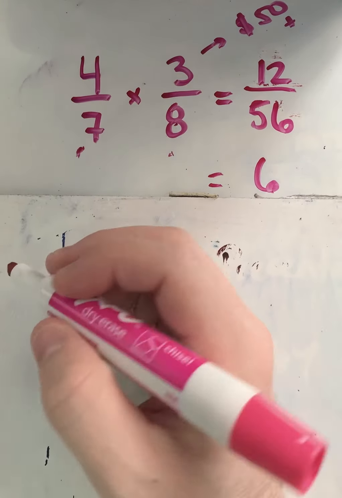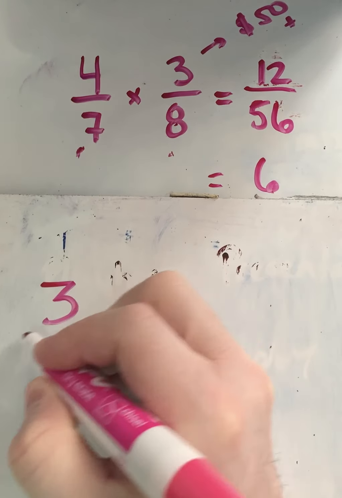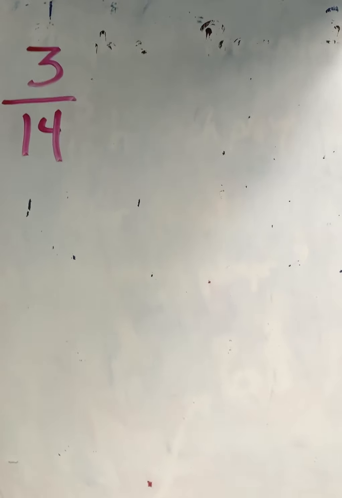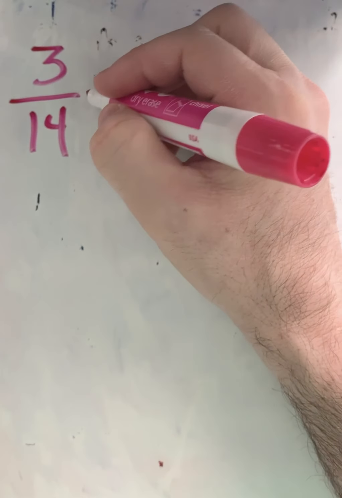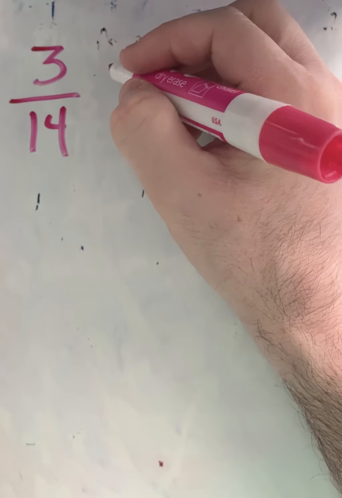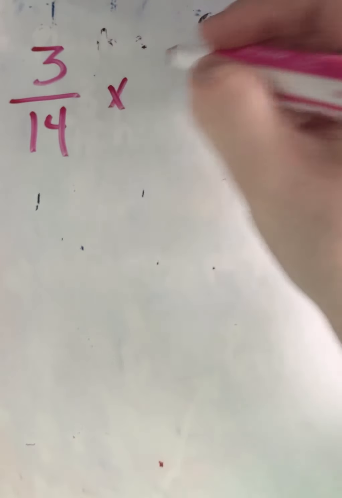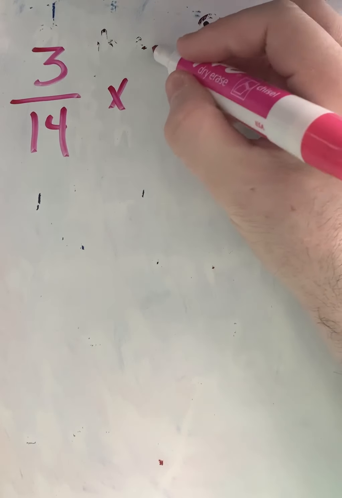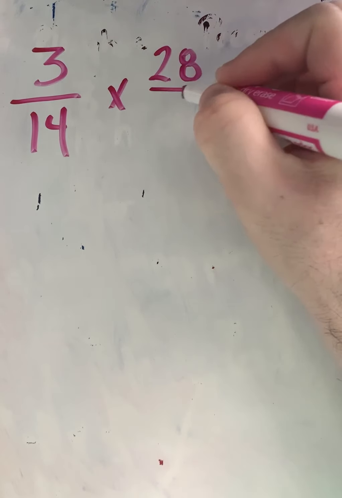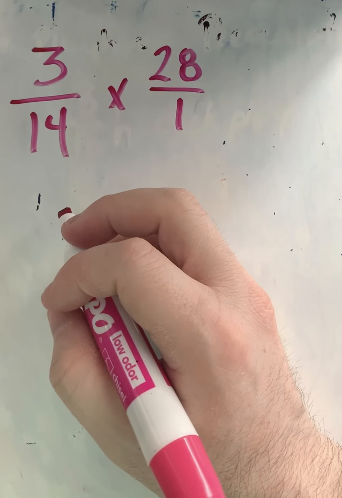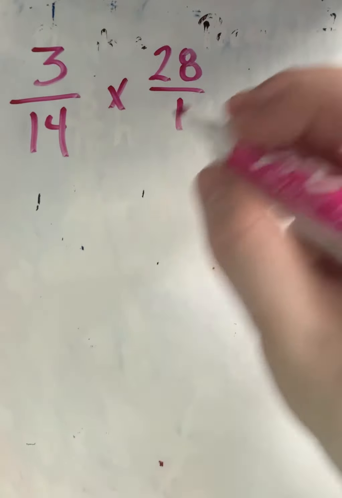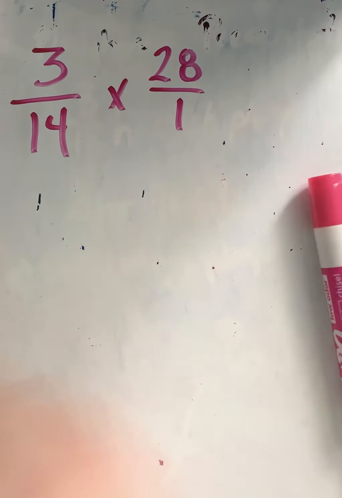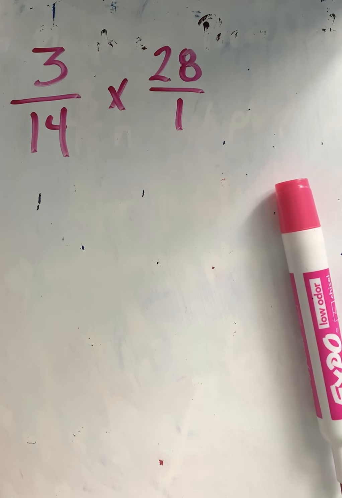So what I'm going to do is, from that first one, I know that the amount of kids who raised over was 3 over 14. This is the kids who raised over $50. I'm going to multiply that by 28 kids. So I'm going to write 28 as a fraction. And now it's just straight multiplication. 3 times 28 is, let me just get my calculator out, sorry, 28, 56. 3 times 28.